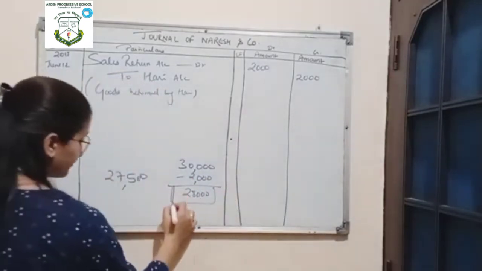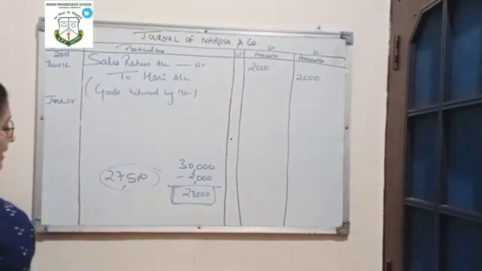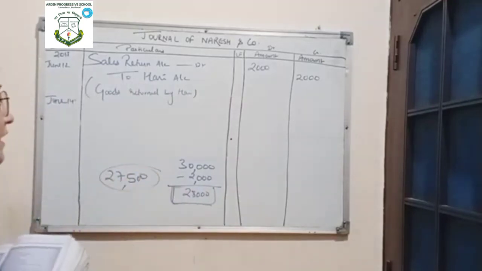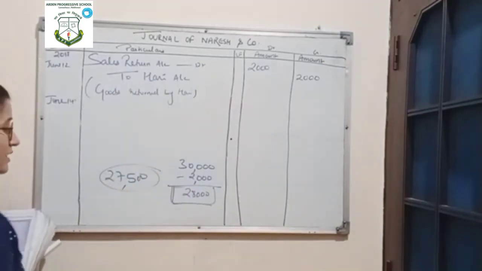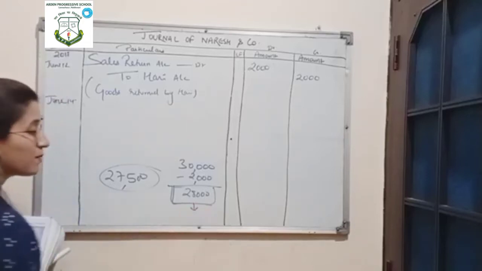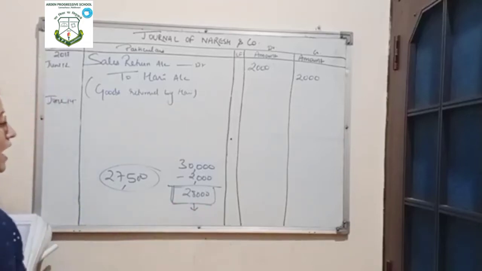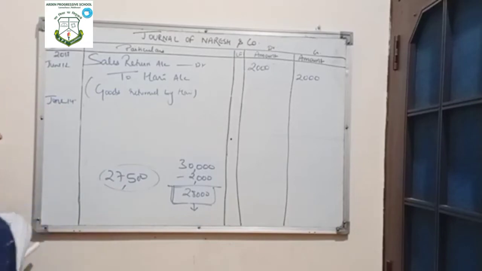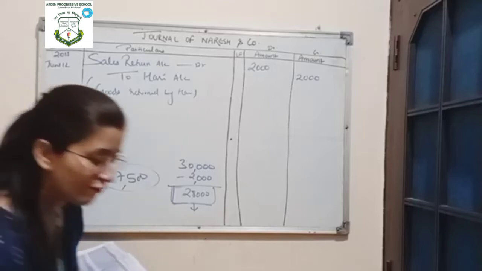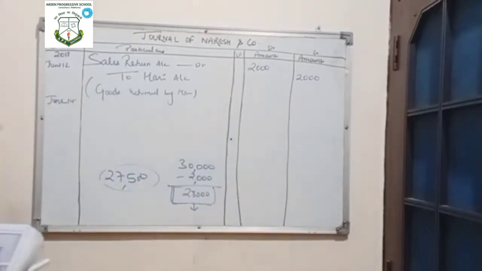But here Hari has paid 27,500 in full settlement, which means the amount which was supposed to be paid by Hari is 28,000 and we have agreed to receive 27,500 from Hari. That means we have allowed discount to Hari amounting to rupees 500. So 500 will be discount allowed.